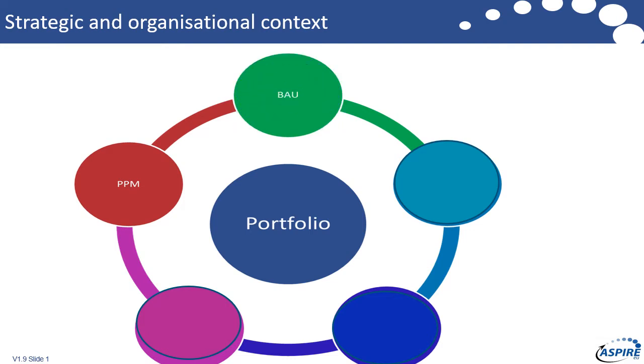BAU is the term that is used in MoP to describe the groups that actually are the reason the organisation exists. So from a personal perspective, I always think it's a little bit demeaning using this term, because it infers sometimes that the portfolio or the programme or the project people are somehow more important, and they're absolutely not. So this is manufacturing operations.